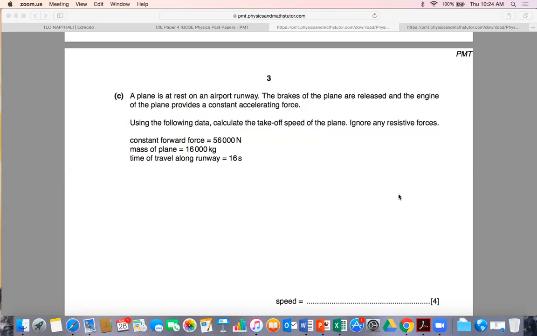Teacher, I don't know how to do it. Okay. How about the rest? Is it 56,000 plus 16,000, then the answer divided by 16? What do you get?